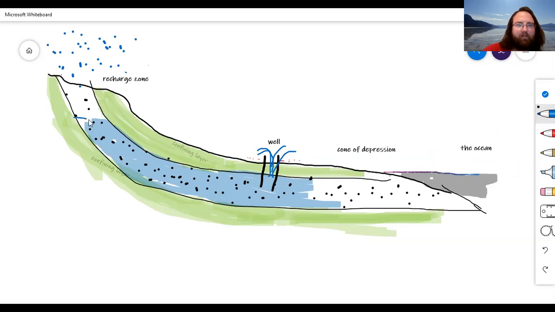Remember, we have our water table up here. We have our potentiometric surface that's slowly going down like that. That's our potentiometric surface.